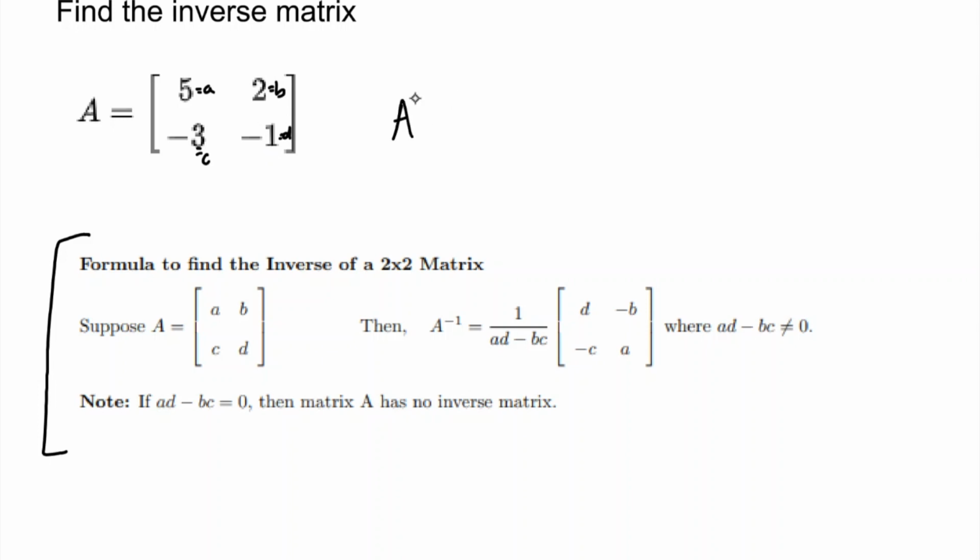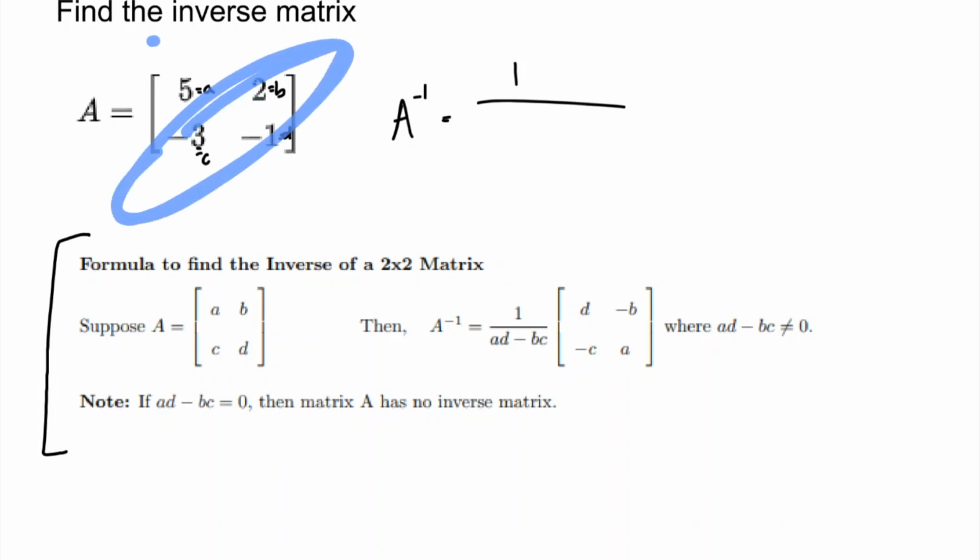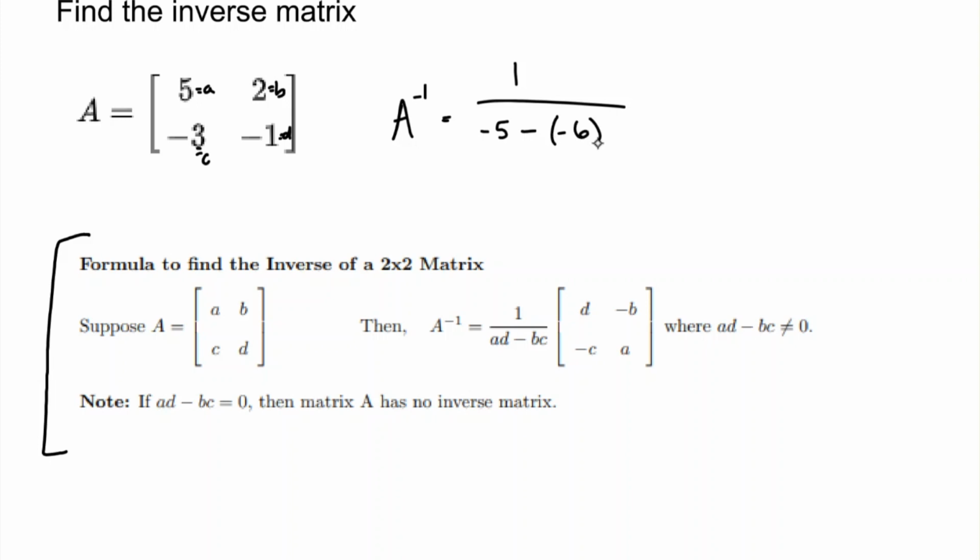So A inverse following this formula will be 1 over, and another way you could remember it is it's AD, the first diagonal, minus BC, the second diagonal. 5 times -1 is -5, minus negative 3 times 2 is negative 6. And then you multiply this throughout the entries.